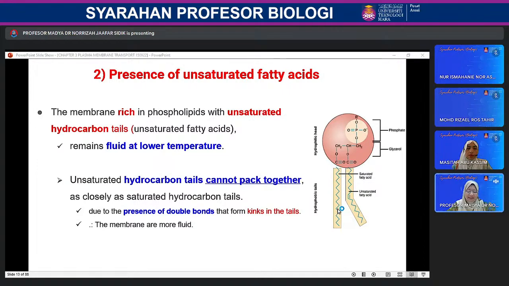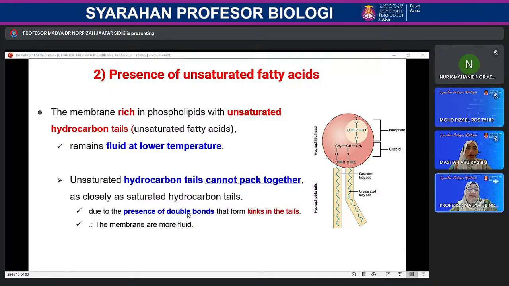Saturated fatty acid has no double bonds. They are saturated with hydrogen, so they are straight. Whereas unsaturated fatty acid, on the other hand, contains one or more double bonds, so it often results in a bend, or in some books you can see what we call a kink.